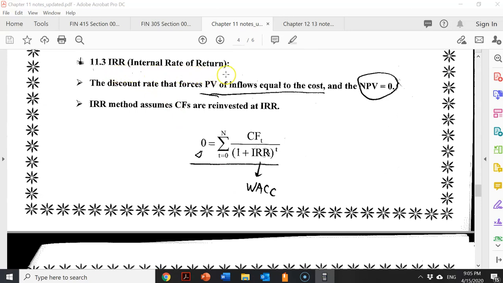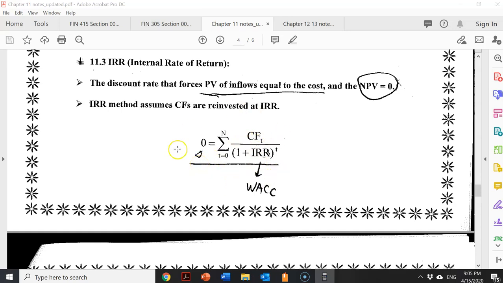IRR, internal rate of return. The discount rate that forces present value of inflows equal to the cost, and the present value is 0. Okay, so IRR method assumes cash flows are reinvested at IRR. This is the discount rate that makes the discounted value of all the cash flows equal to 0.